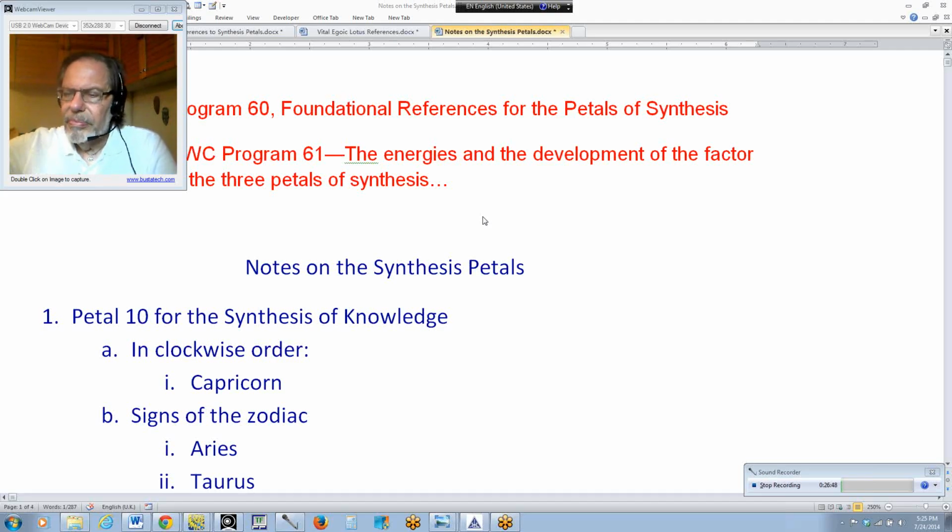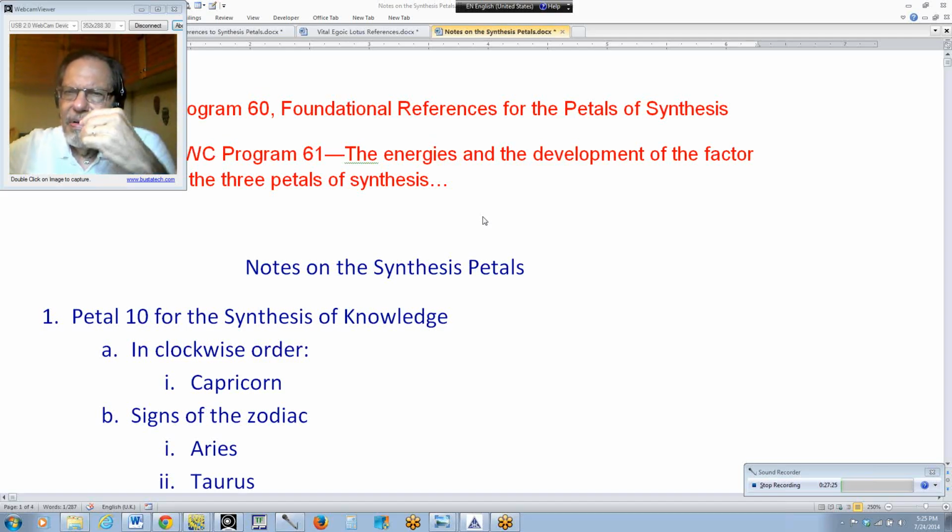Now, some of them will be more assistive than others, and some will apply more to a particular petal than others will. I'll discover that as I go along. I'm just going to try to rely upon my store of knowledge from much reading and thinking, without planning it out so much ahead of time, just seeing what occurs to me along the way.